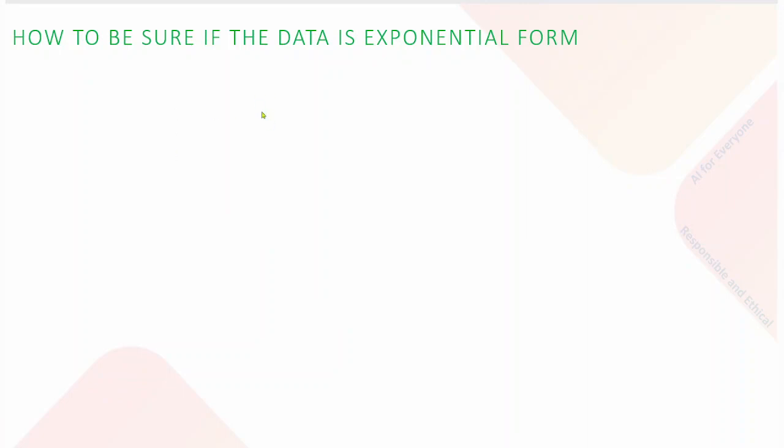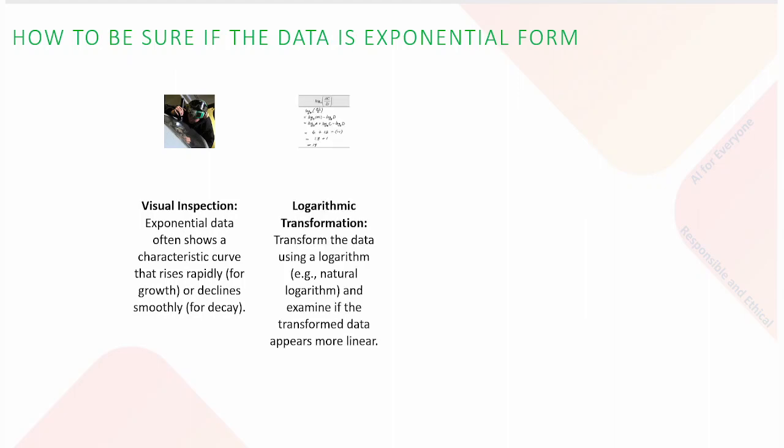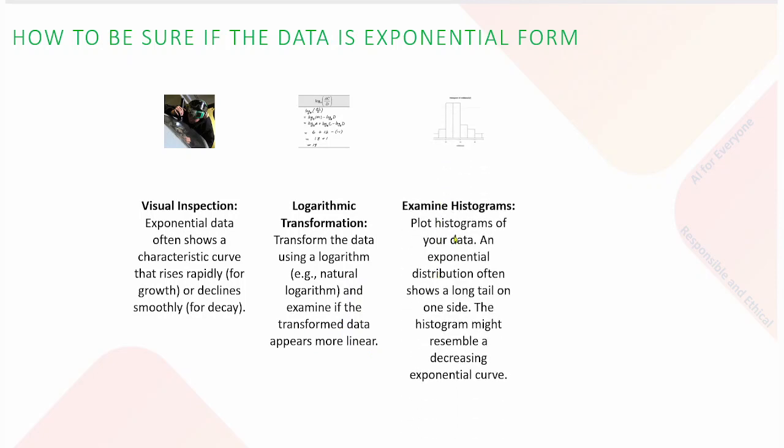So how do we know the data is of exponential form? You can apply visual inspection by doing some scatter plot or visual plots. You will know whether the data series is a good candidate for geometric mean. You can also try logarithmic transformation. If the transformed data appears linear, that means the original data is exponential.